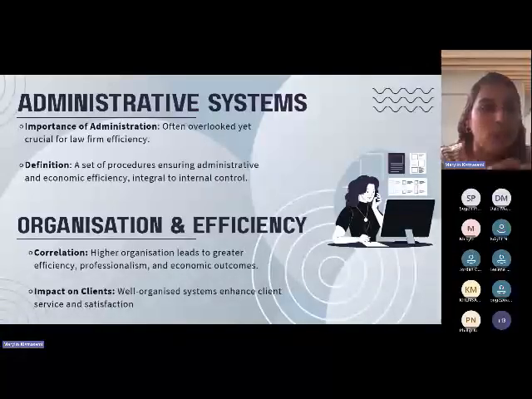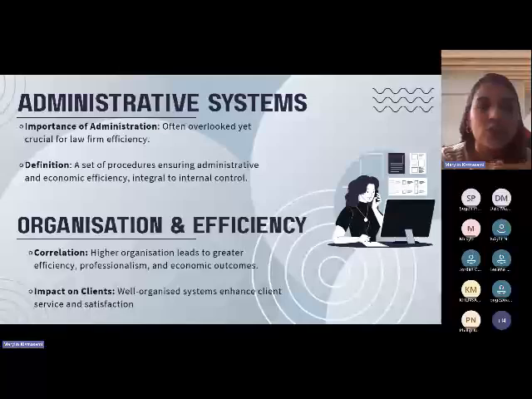Here's a simple way we can think about it. Good organization equals efficient, professional, and cost-effective service. Poor organization means slower, less professional, and more expensive service. What are administrative systems? Administrative systems are a step-by-step procedure that ensures your business, or in this case, as the example, your law firm, operates smoothly.